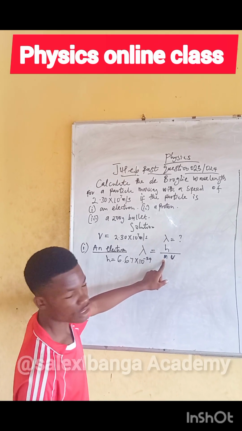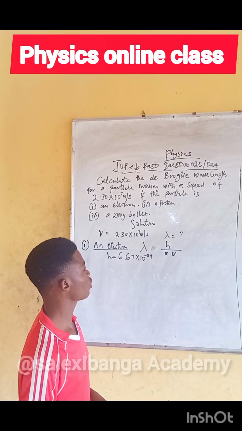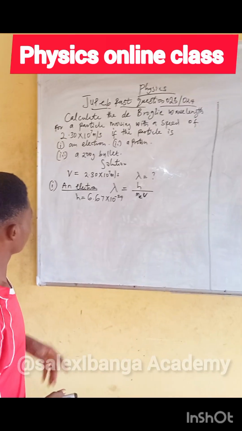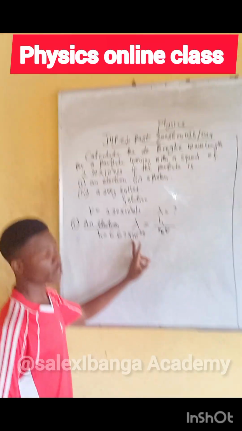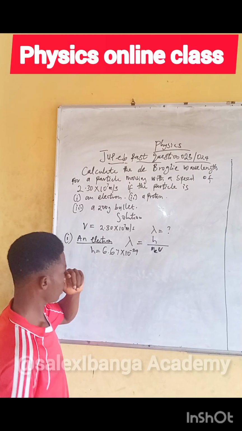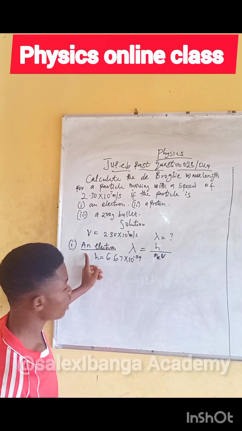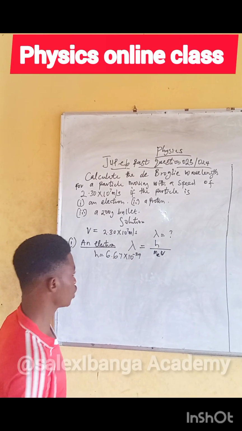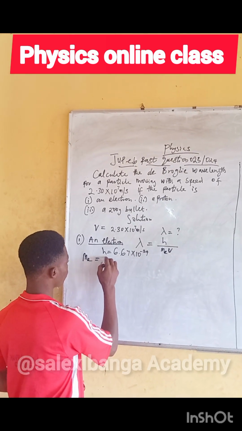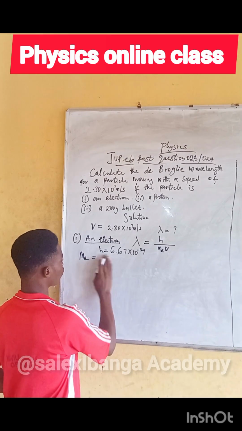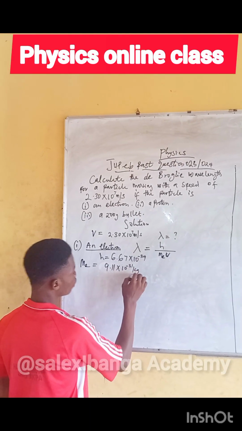Then m is called mass. At this point, you are going to refer to this mass in terms of the mass of an electron, because here it was mentioned electrons. So the mass of an electron is a constant, it is given as 9.11 times 10 raised to the power minus 31 kilogram.